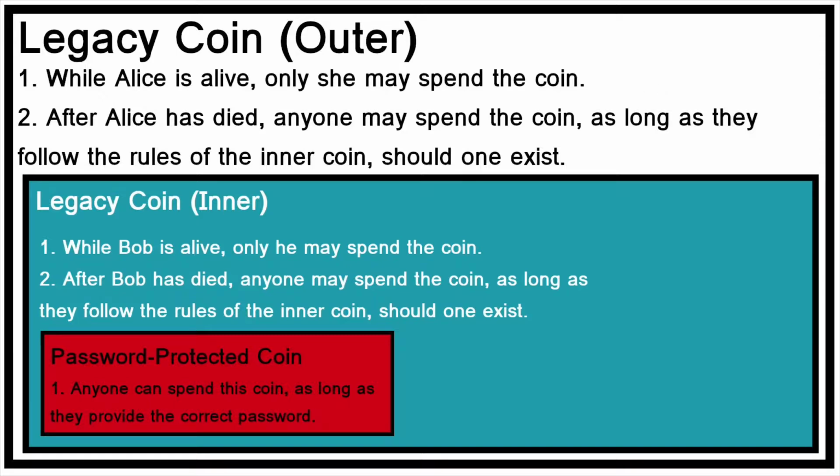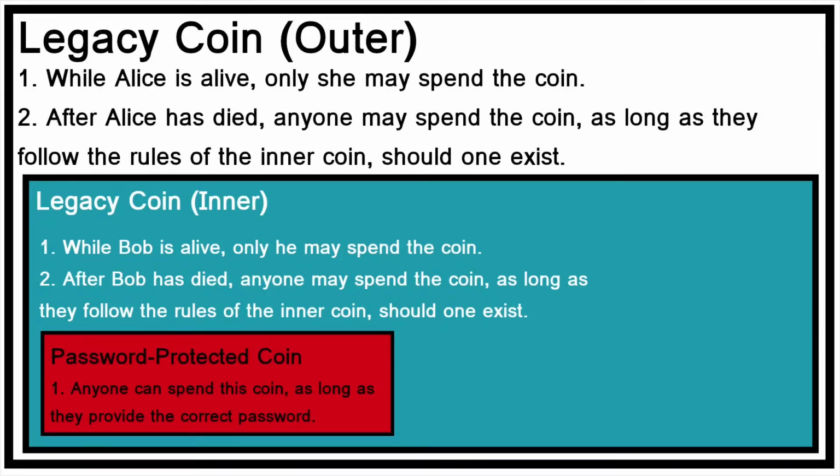So this cuts out the middleman, right? So Bob already has the button, click here to spend the coin, while Alice is still alive, and as soon as she dies, now he clicks it and boom, the money comes to him.